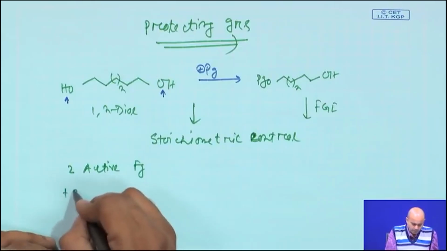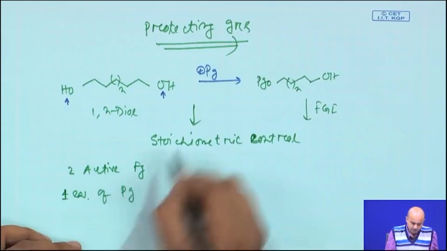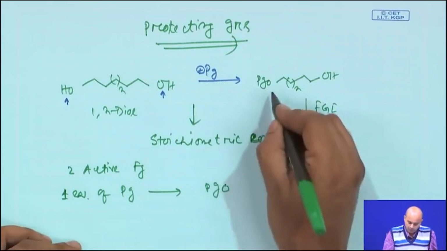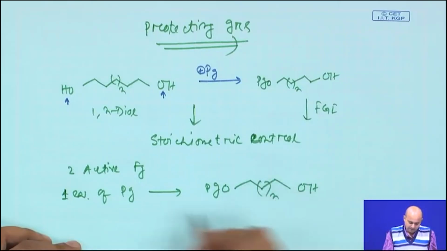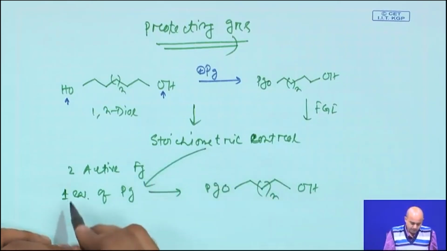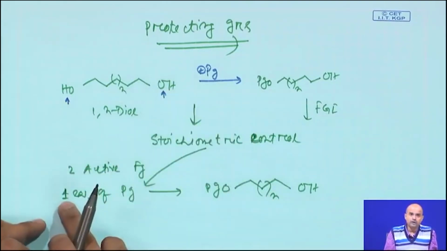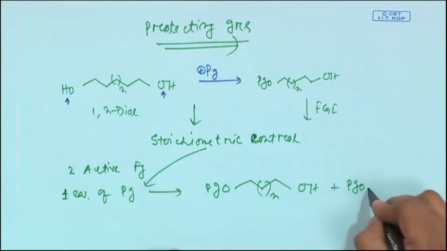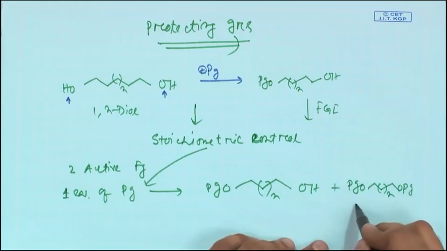Now, you use one equivalent of PG, the protecting group. So, make sure the PG blocks one end of the active functional group, and the remaining end remains intact. So, with stoichiometric control, you have two equivalents of active part and you are using only one equivalent. Sometimes definitely you will have a little bit of di-protected compound as a byproduct, a side product.